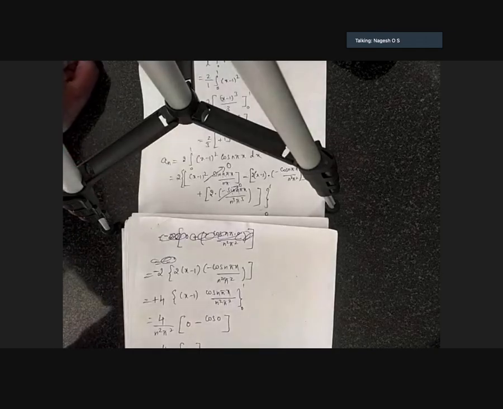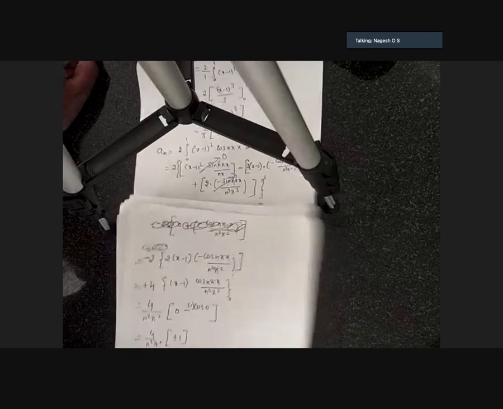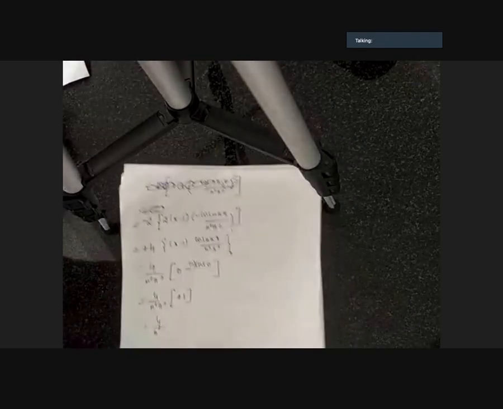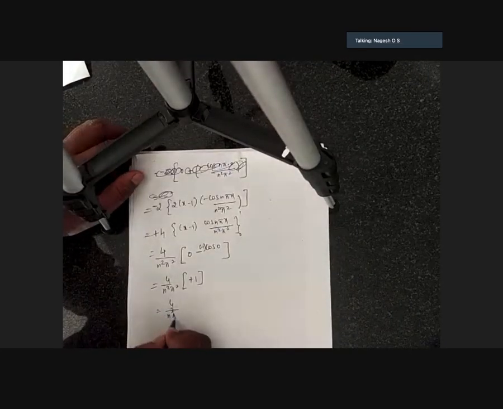So you will get minus 1 or plus 1. Oh, sorry, 0 minus 1 I left. Again, I did the same mistake. 0 minus 1 minus 1 cos 0. So plus 1. 4 by n square pi square.